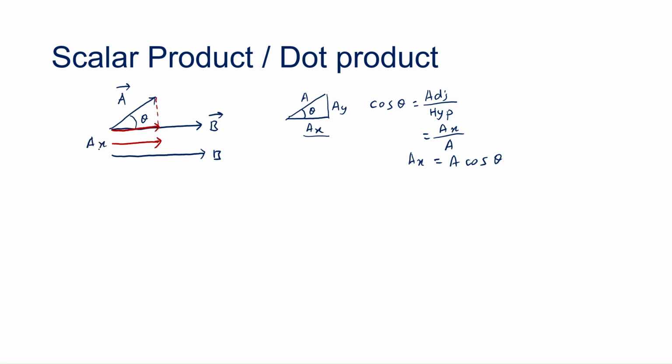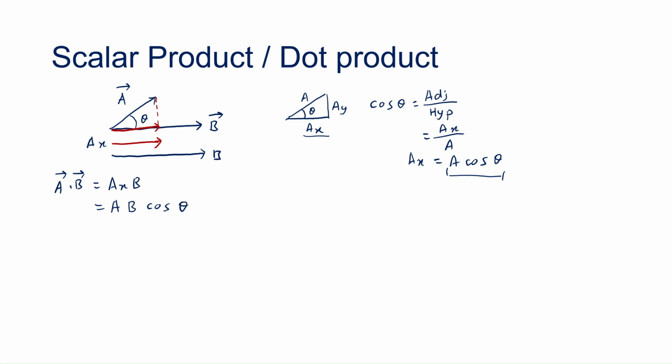Now remember the definition I told you. This A dot B is just the projection of one vector, in this case AX, multiplied with the other vector, which in this case is B. Now we substitute this inside this equation, we get AB cos theta.